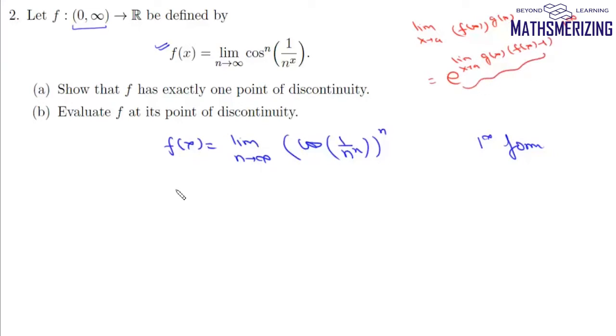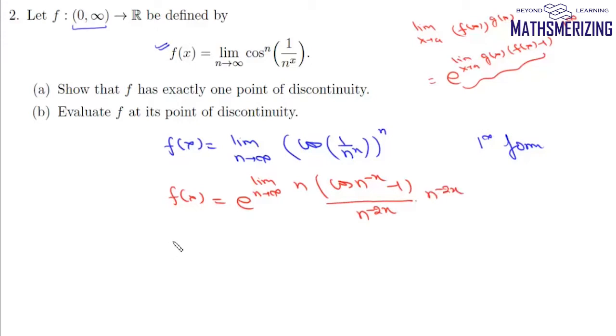So we'll write this function f(x) as e to the power limit n tends to infinity. Now it will be n into (cos(1 upon n^x), written as n to the power minus x, minus 1). And what I'll also do is multiply and divide it with n to the power minus 2x.